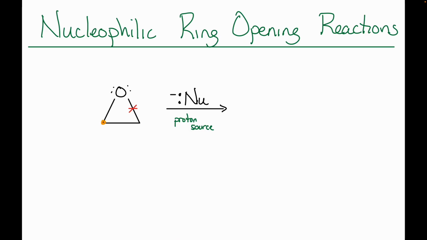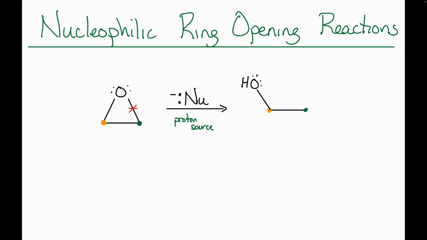So to be clear, I'm going to color these carbons so we can keep track of who's who. If I break that bond that I've marked here in red, then importantly that orange carbon still has that oxygen bonded to it. Because that proton source, it will become an OH group or an alcohol.